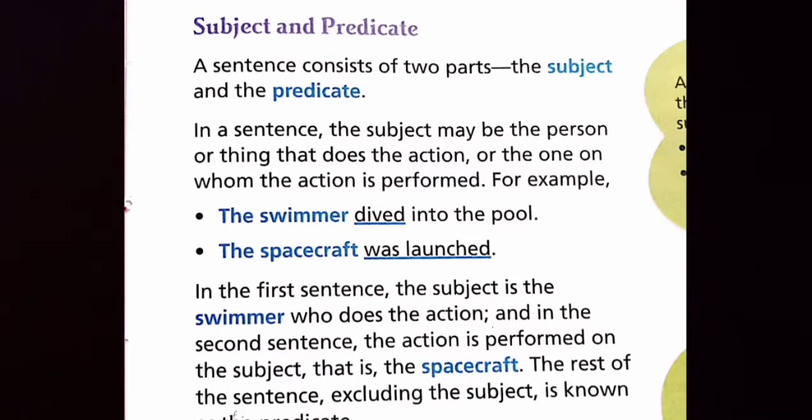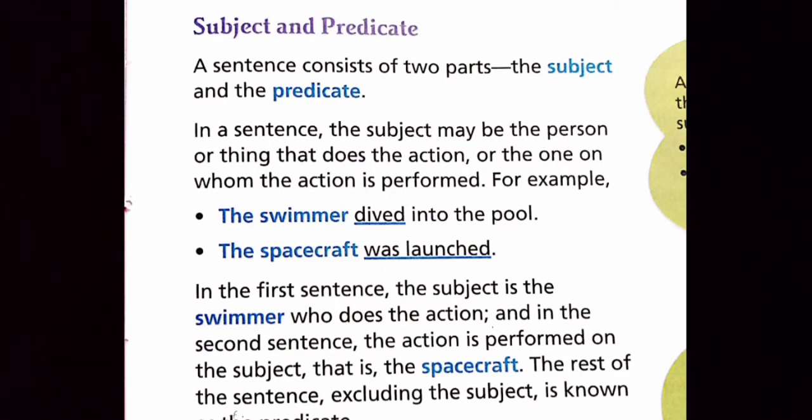As I told you, a sentence consists of two parts, the subject and the predicate. In a sentence, the subject may be the person or thing that does the action or the one on whom the action is performed. For example, the swimmer dived into the pool.